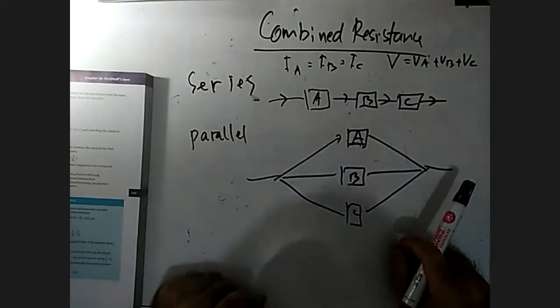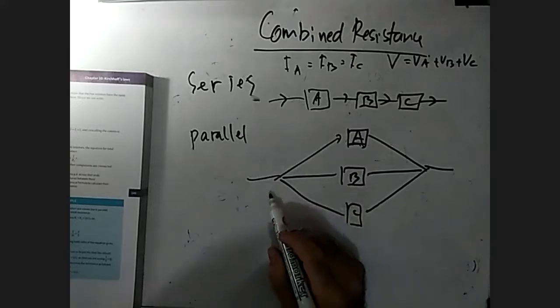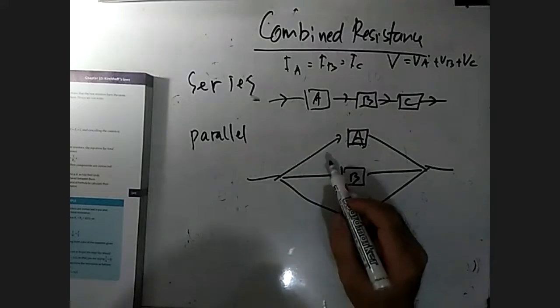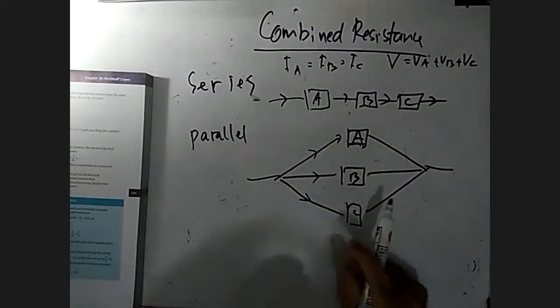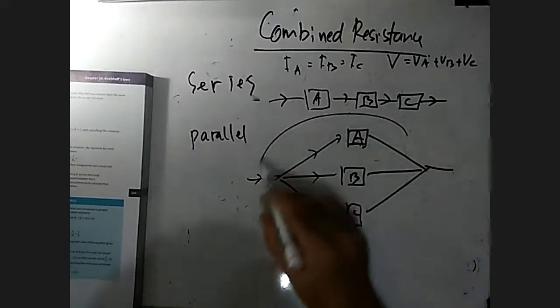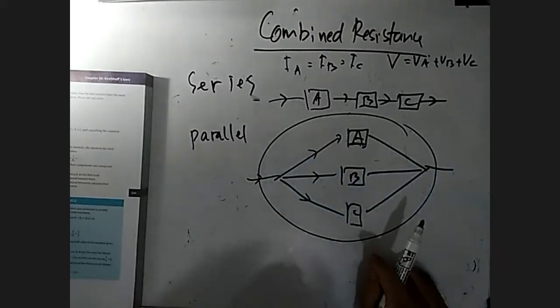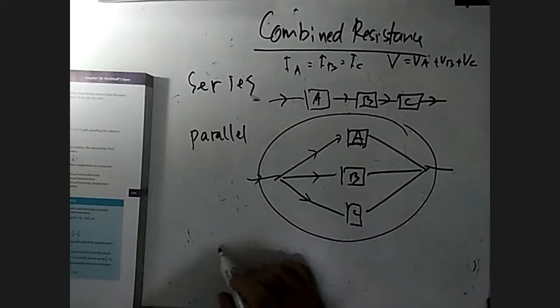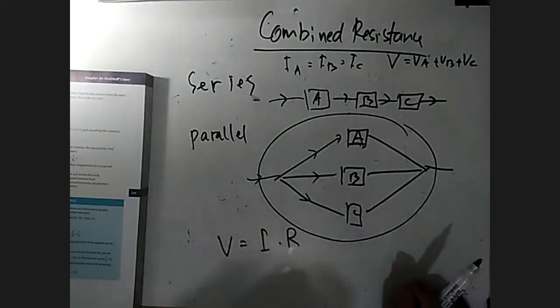What about the parallel condition? In the parallel condition, we know that the total current will be the same as the current total in. So if we take this as a single item, we have voltage equals current times resistance, right?